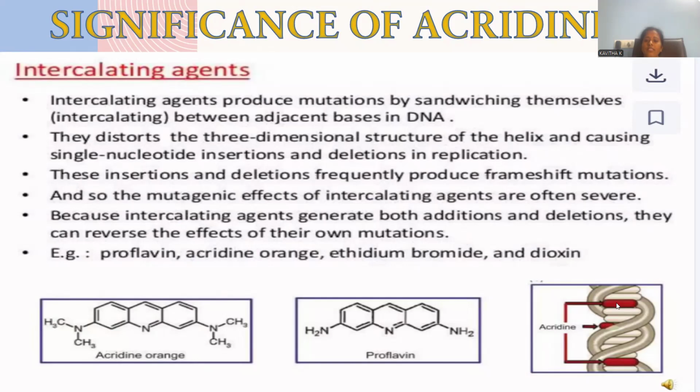So when DNA strands are taken into consideration, acridine molecules are sandwiched in between them; they are inserted in such a manner by the process called intercalation. They distort the three-dimensional structure of the helix, working in a parasitic-DNA-destroying process.